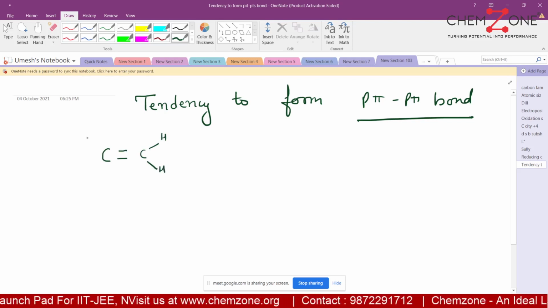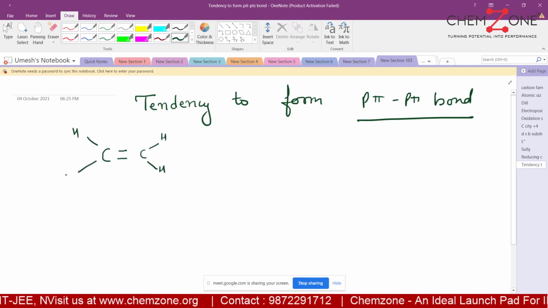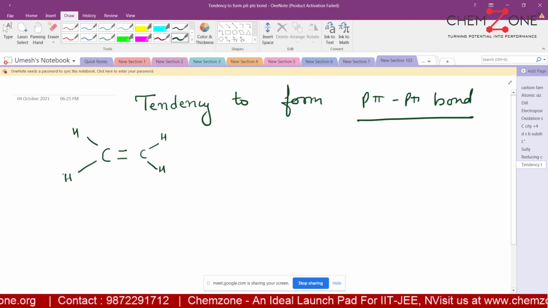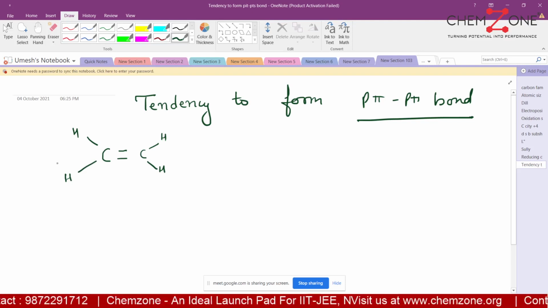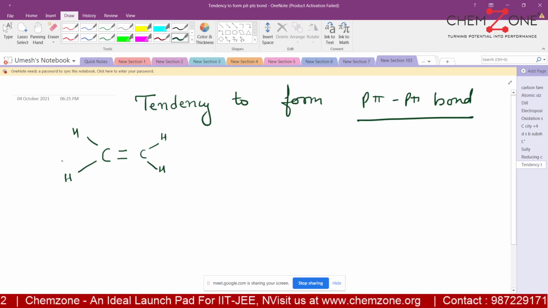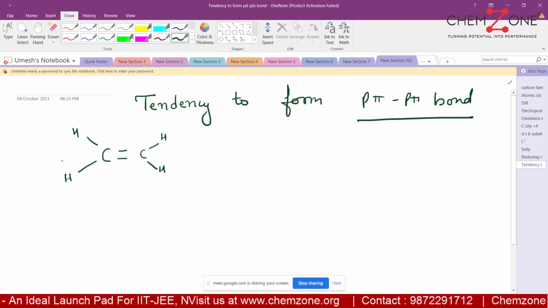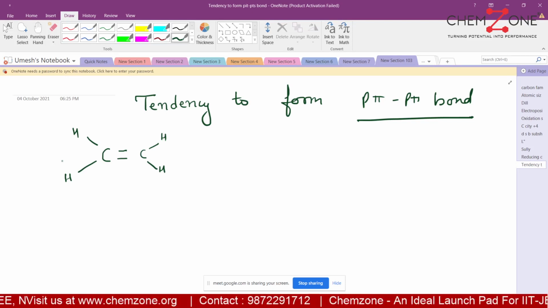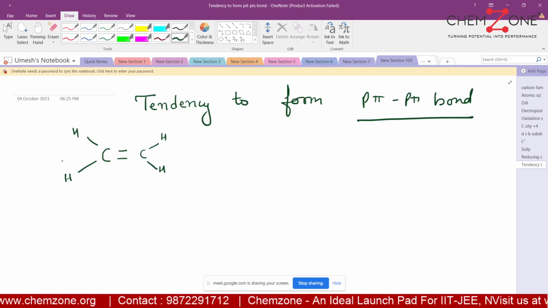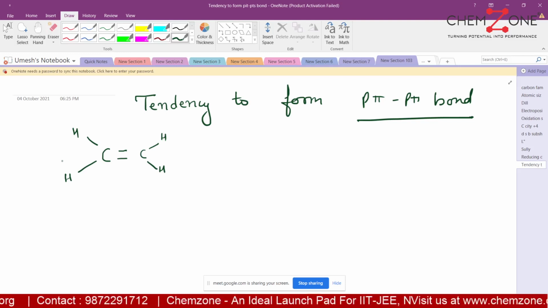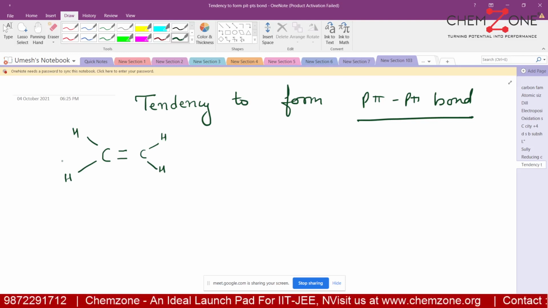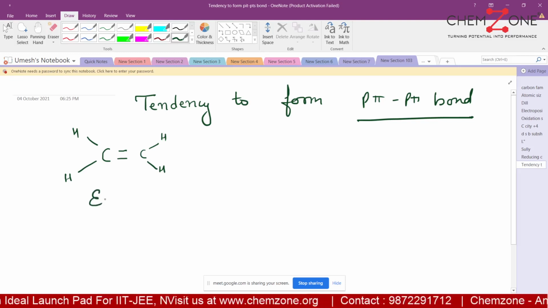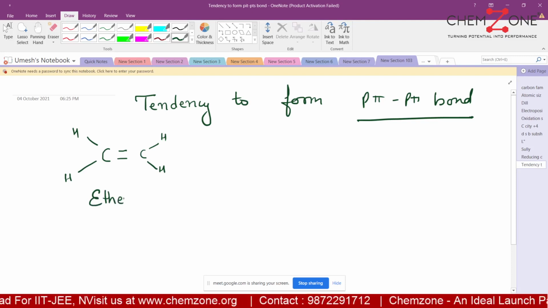Tell me, what is the name of this compound that I have drawn right now? Not the formula, the name. How many carbon atoms are there? Two. So what is the name of the compound? Ethene.